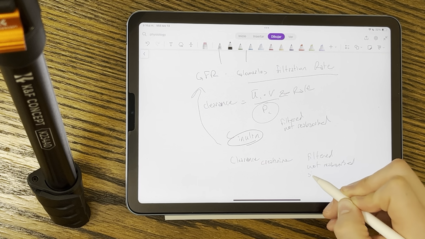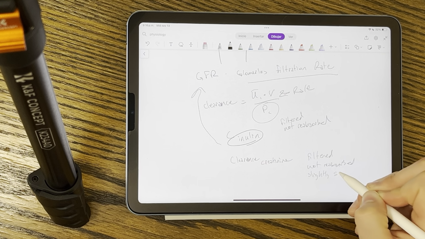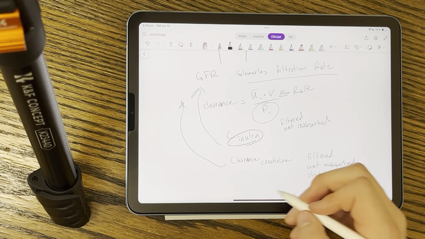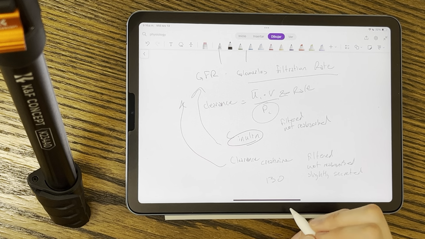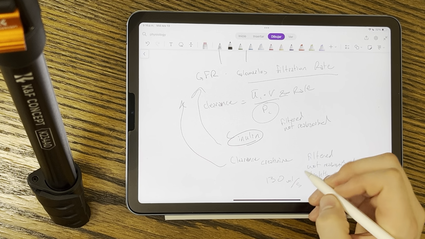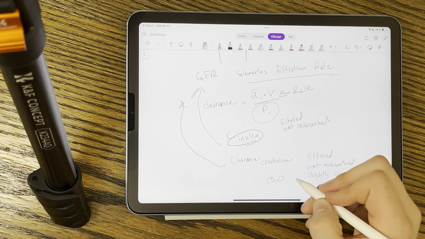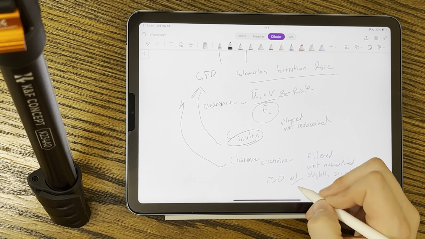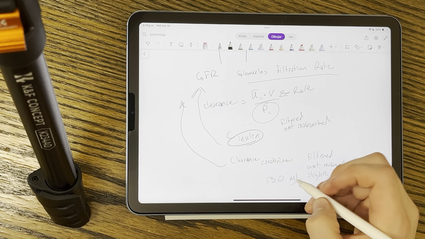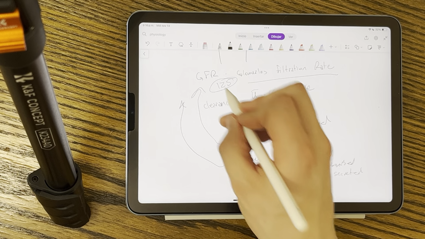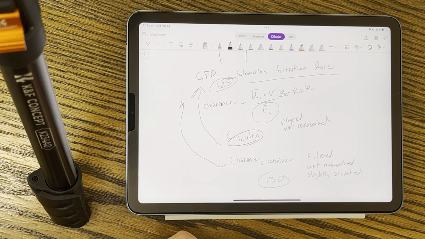It's actually slightly secreted, but it's so close, it also is comparable to GFR. This is typically a value of 130 milliliters per second. I don't know. Concentrations cancel. Yeah, so it's just a rate, milliliters per time. And so GFR is typically 125. So if these values are close, it tells you that the GFR is normal.